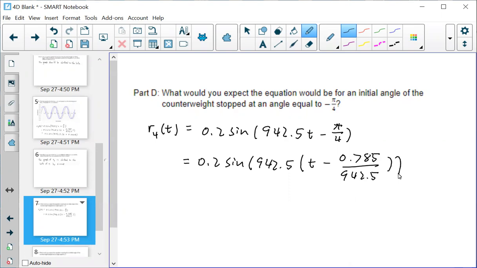Close both sets of parentheses, and then we get 0.2 times the sine of 942.5 times the quantity t minus 0.0008.